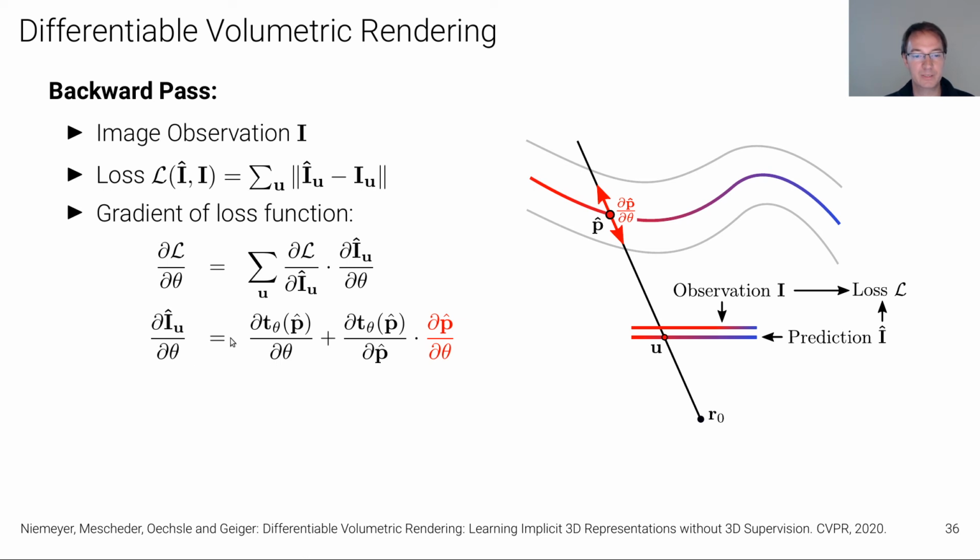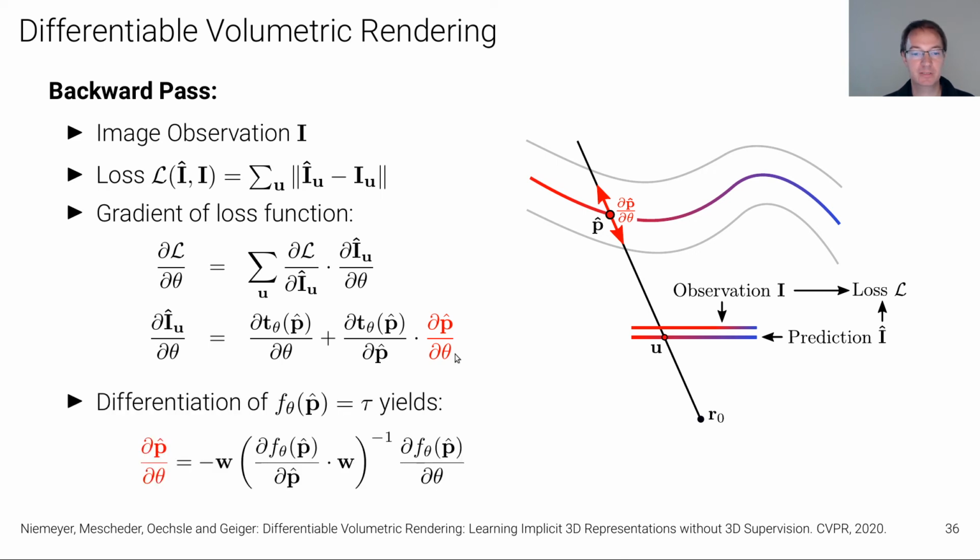This derivative is equal to this total derivative expression here, because both the texture field as well as the predicted point location depend on the parameters theta. Now the question is, how can we actually compute the predicted point location that depends through this ray marching algorithm on the occupancy network? How can we compute the derivative of this point with respect to the parameters theta?